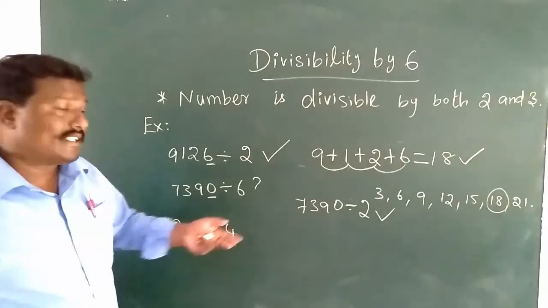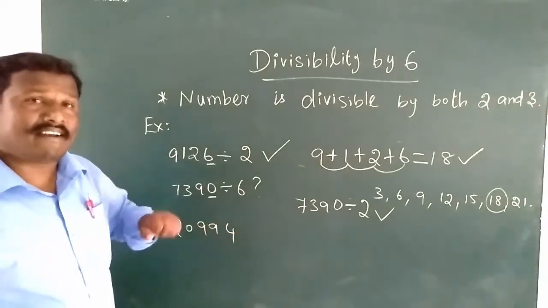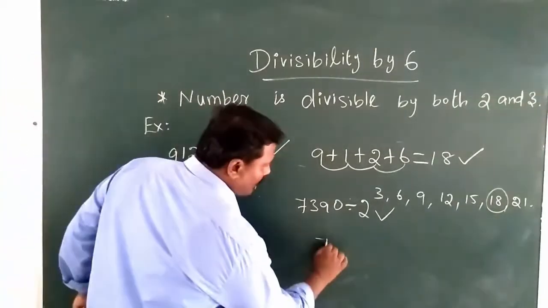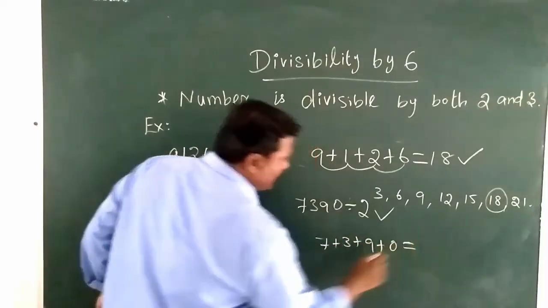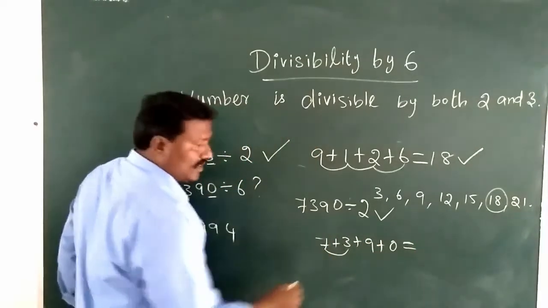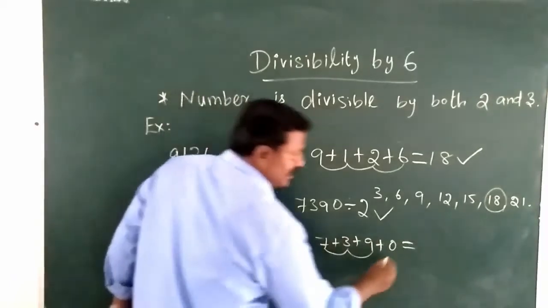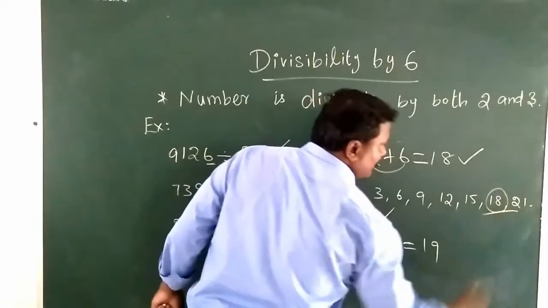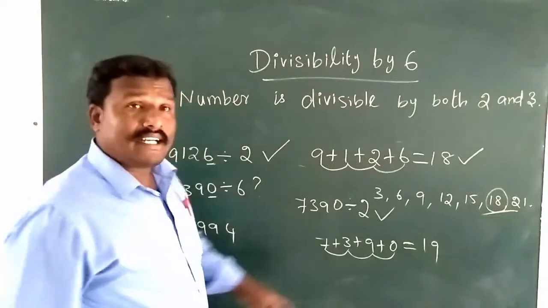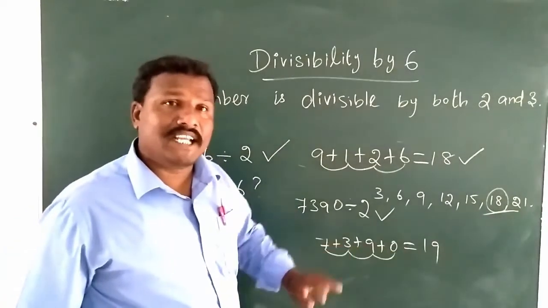Let me check whether the number can be divisible by 3. How will you check? 7 plus 3 plus 9 plus 0: 7 plus 3 is 10, 10 plus 9 is 19, 19 plus 0 is 19. 19 is not a multiple of 3.